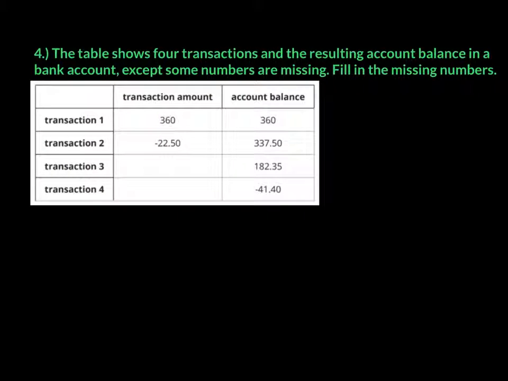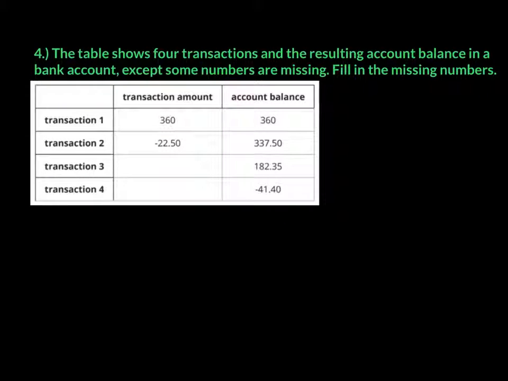Next, this table shows 4 transactions and the resulting account balance in a bank account, except some numbers are missing. So I'm going to be filling in these missing numbers.